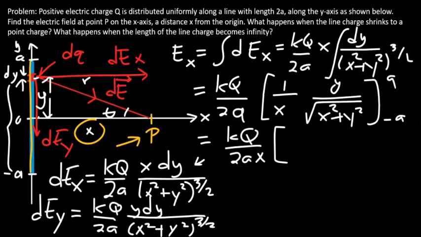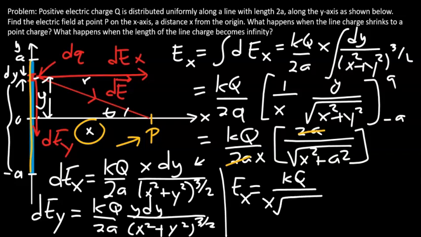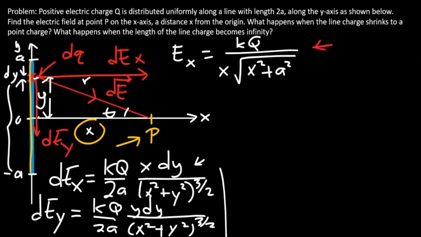Upon substituting the limits, you get 2a over the square root of x squared plus a squared. And this 2a will cancel that 2a to give you the following expression for the x component of the electric field: kq over x times the square root of x squared plus a squared. And let's write the expression there.